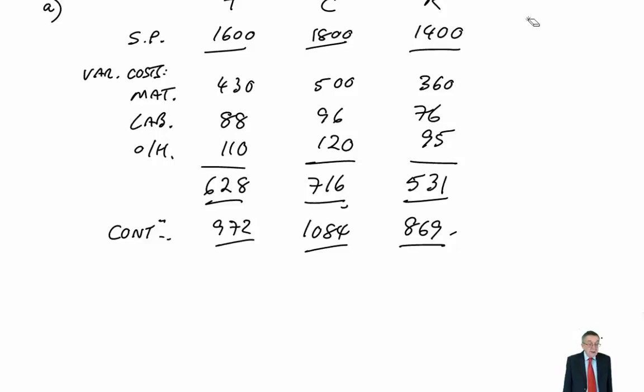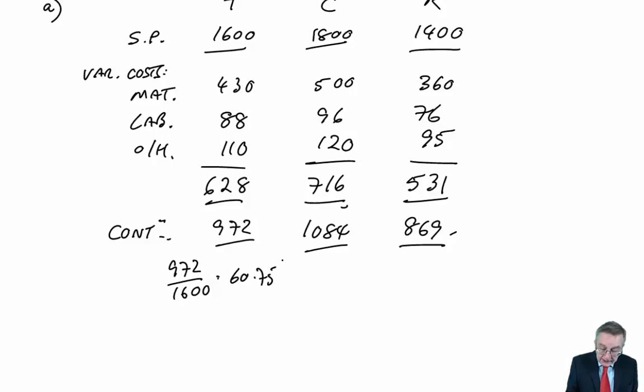It says calculate the weighted average CS ratio, contribution to sales. And if you remember, there are two ways you could do it, and which way wouldn't matter here to get the marks. One way is to do the CS ratio for each product separately first of all. Now, I'm not going to do it this way, but for instance, T, CS ratio, contribution as a percent of sales, for T would be, I think, 60.75%.